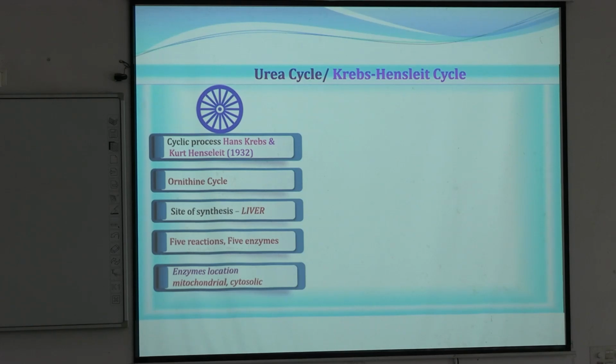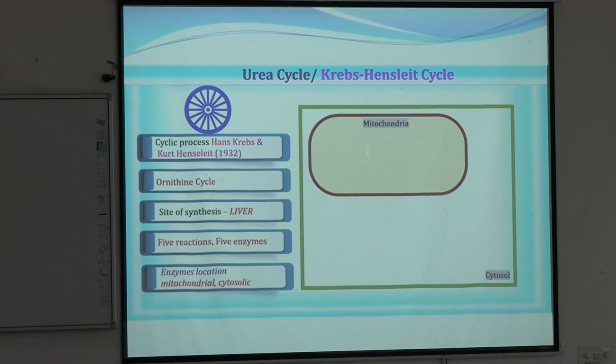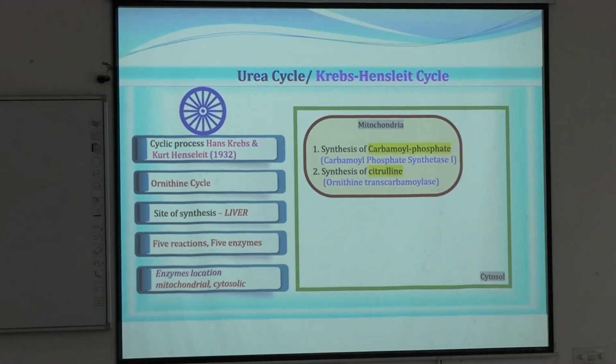cytosol. This is just to remember, and this is a schematic representation of a liver cell, where the green outline is the cell and the inner part is denoted as mitochondria. For easy remembering, in mitochondria the first two steps take place. The first step is synthesis of carbamoyl phosphate, and the enzyme is carbamoyl phosphate synthetase 1.